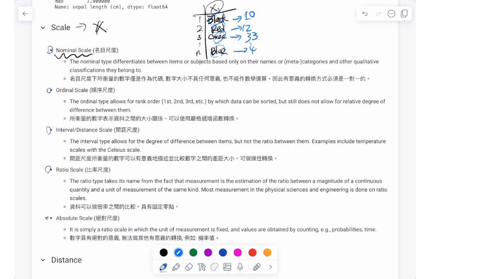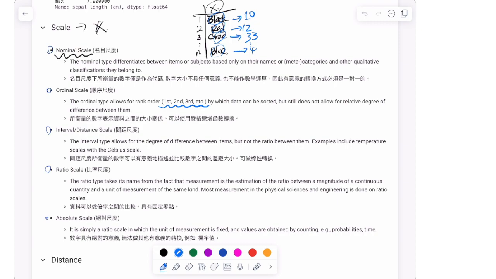Next one is ordinal scale. That means, for example, ranking. First prize, second prize, third prize. Of course, it has a number on it first, 1, 2, and 3, but it is very difficult for you to evaluate what is the difference between first prize and second prize, and what is the difference between second prize and third prize, because they might not be the same, right?